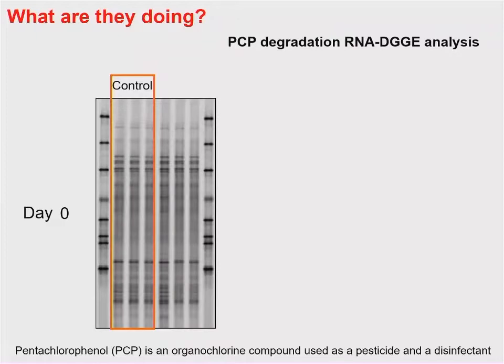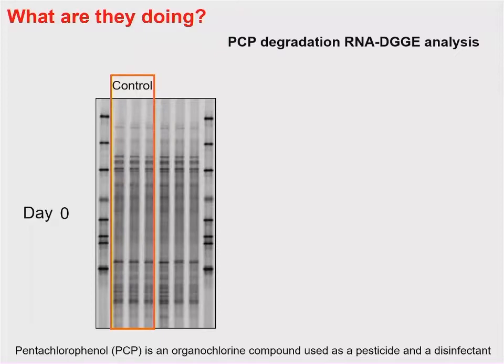For example, if we want to know who is involved in the PCB degradation, because PCB is quite often used as a pesticide and disinfectant, but actually in the environment, it is very difficult to degrade. We don't know any specific microbial species involved in the degradation of PCB.